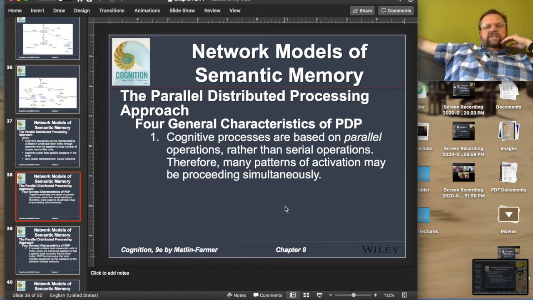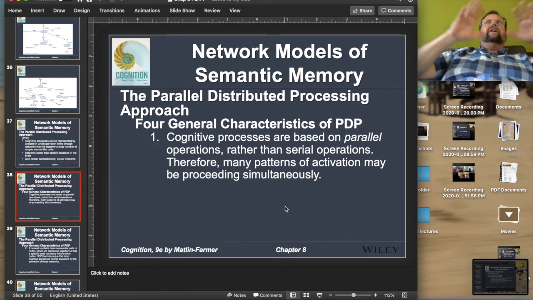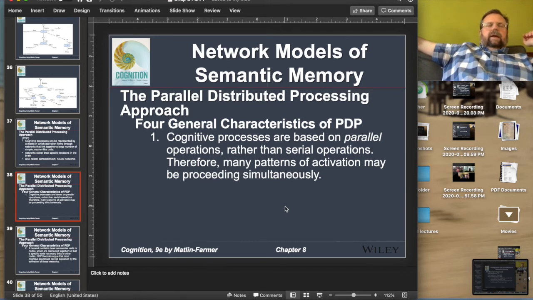Serial operations is the idea that you move from one process to another, or in terms of what we're talking about here, that information would move from one part of the brain to the other. What a PDP model suggests is that there are actually multiple channels that are containing the information. So there are multiple areas of the brain that are activated when you're talking about a certain concept. And it's the parallel.